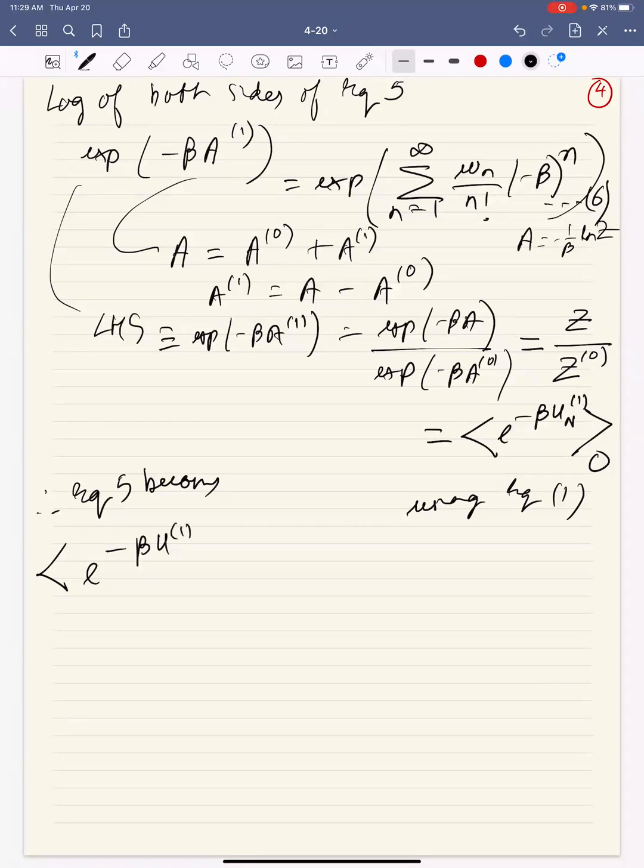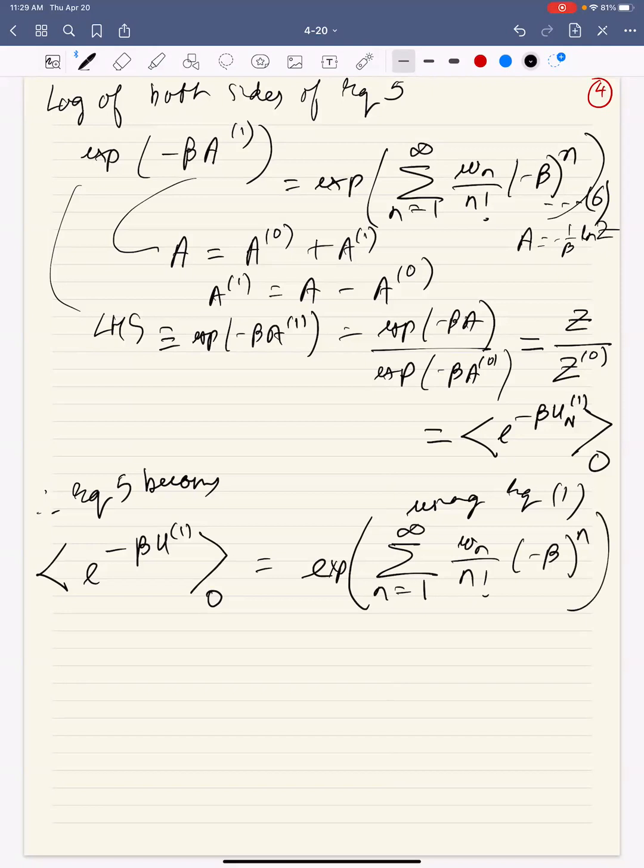So the exponential of the perturbation multiplied by minus beta in ensemble 0 is equal to the exponential of the summation n equal to 1 to infinity, Wn by n factorial, minus beta to the power n. And we call this equation 7.